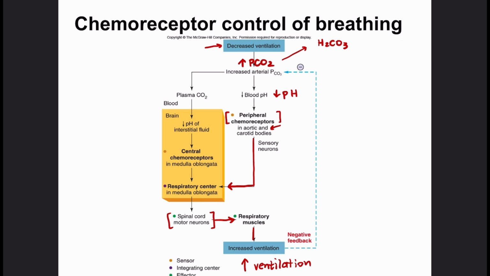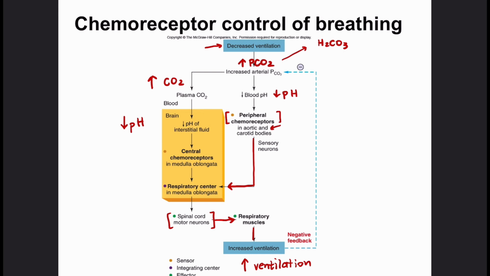But what would also happen is this increased pressure of carbon dioxide is going to increase the carbon dioxide in the blood, which is still going to decrease pH, and it's going to decrease the pH of the interstitial fluid.